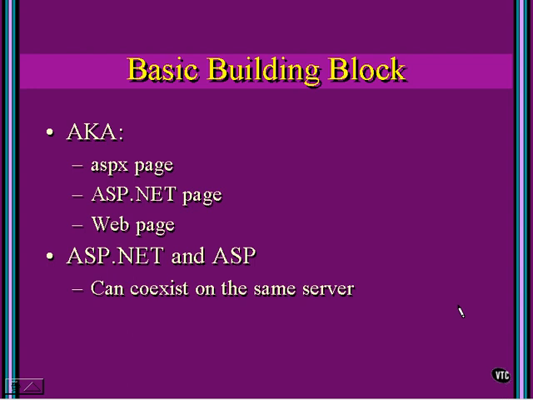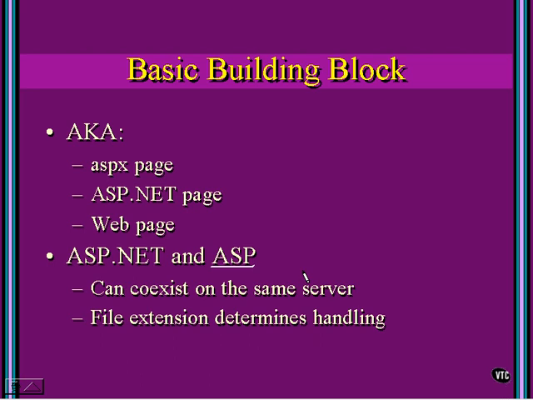Now, ASP and ASP.NET can coexist on the same server, and this is not a problem. This is one of the main reasons that ASP.NET has been one of the fastest portions of the .NET framework to be accepted out there, because the file extension on the file determines how it's handled.